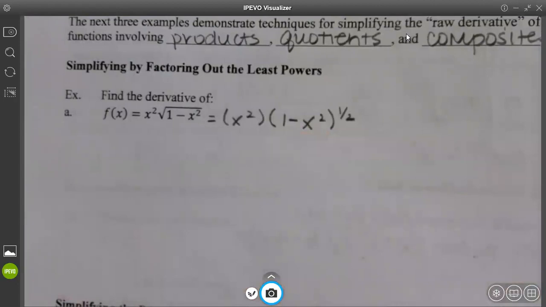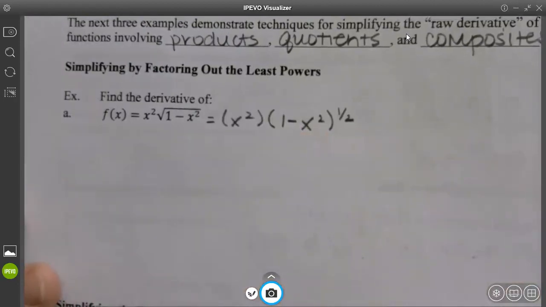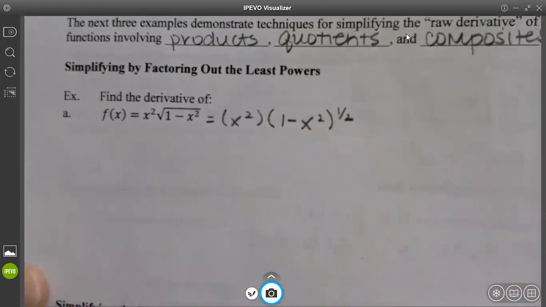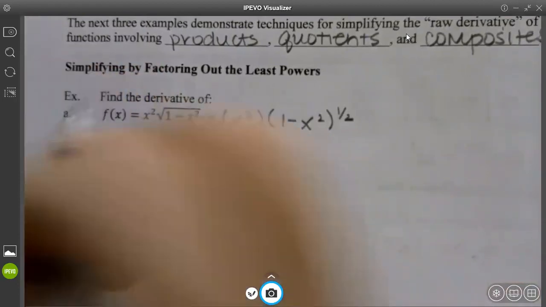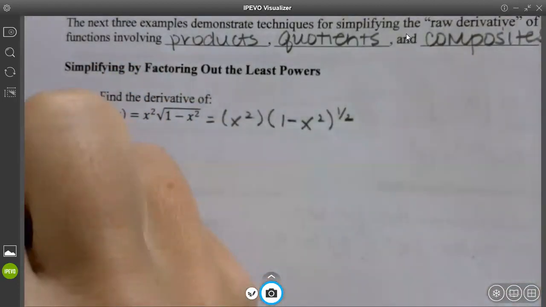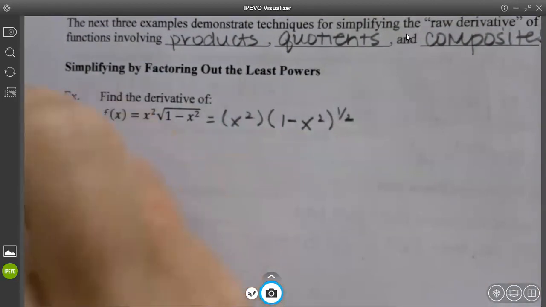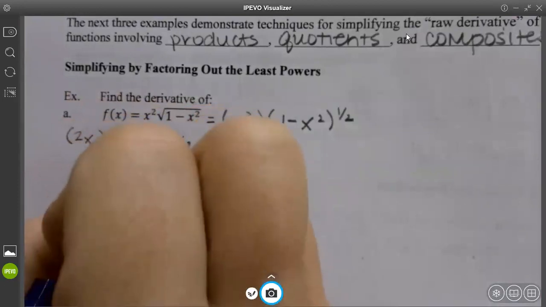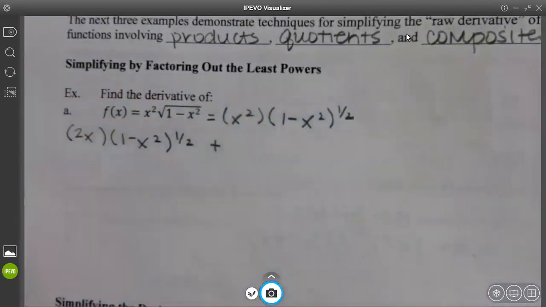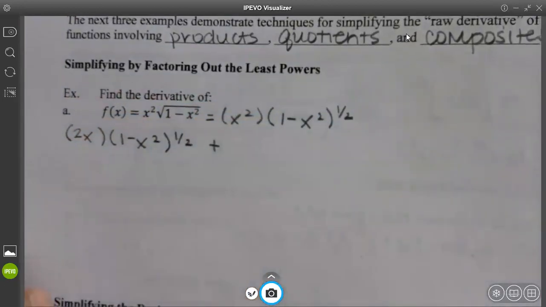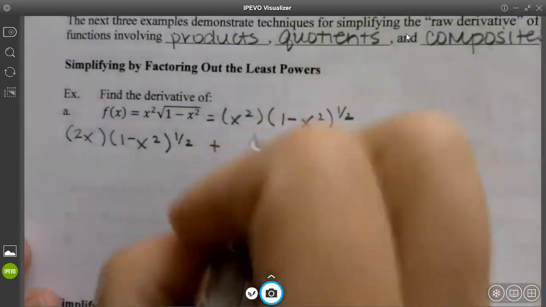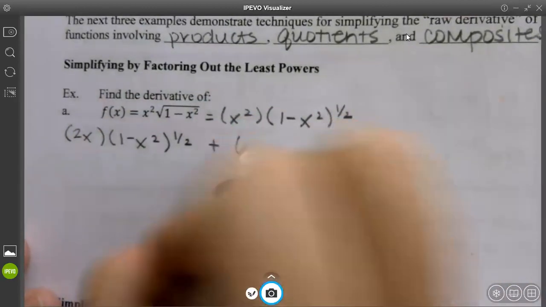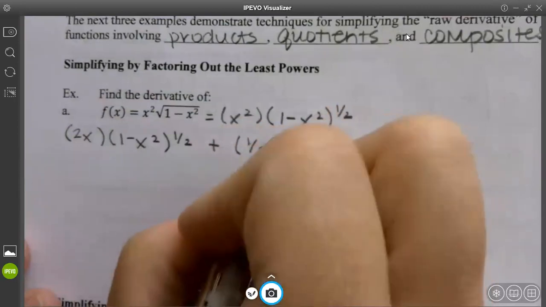So how do we do the product rule? Derivative of the first is? You said times the second. Plus. How do I find the derivative of the second? What's the derivative of that? 1/2.